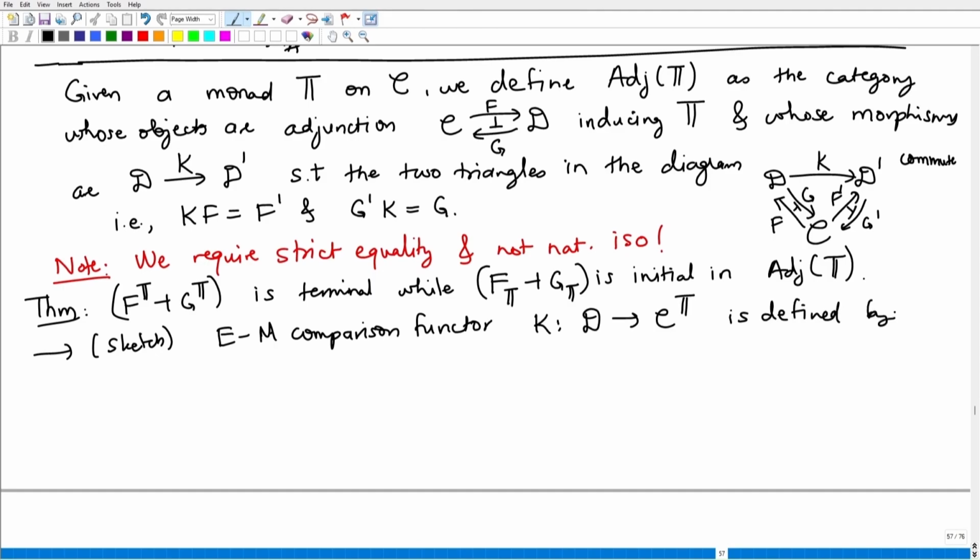So I want to define K on objects. What should it be? Look at the triangle. You want to describe an algebra.